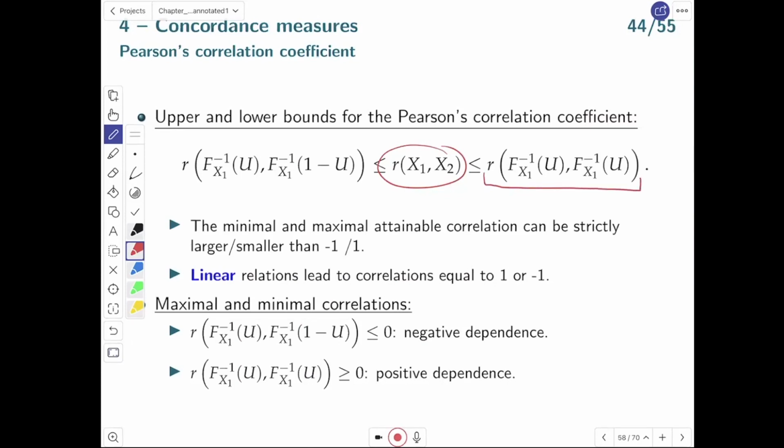So if I take x1, x2 comonotonic, my correlation will be larger. That's, I hope, reasonable to assume because there's more positive dependence. But this comonotonic correlation can be strictly smaller than 1. It can happen that this comonotonic correlation is, for example, equal to 0.12.